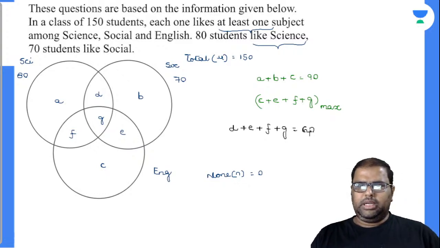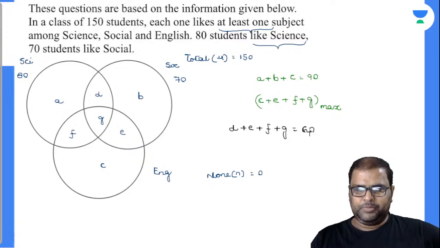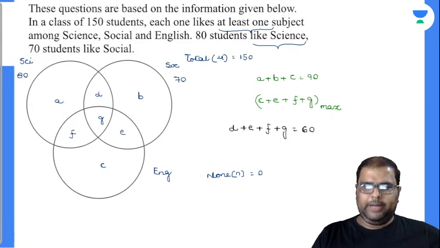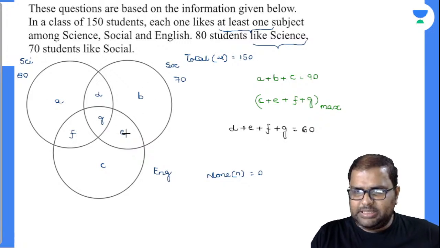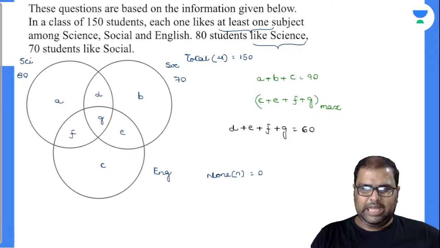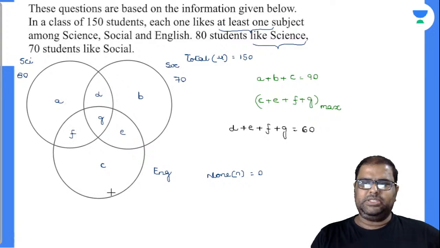What can we solve regarding this? I don't know the English value. So I can do one thing. If I remove the science circle, B plus E plus C will be left over. B plus E plus C will be how much? 80? Is it 70? Yes, perfectly. If I remove the social circle, A plus F plus C is equal to 80.